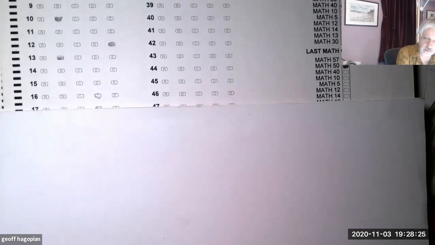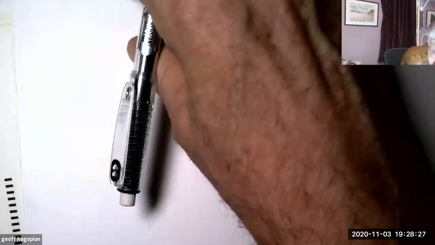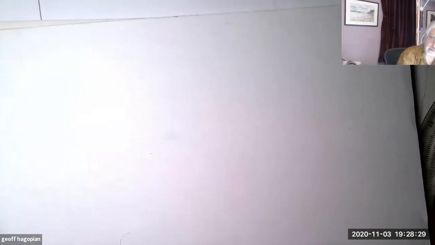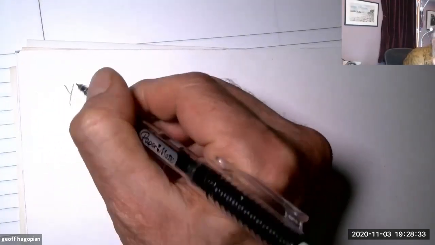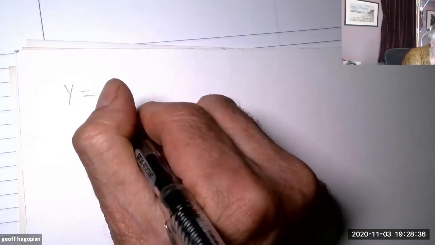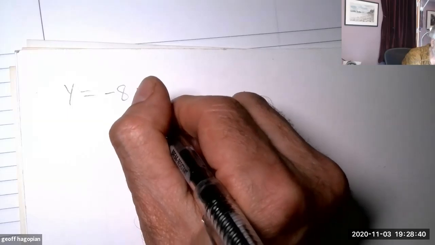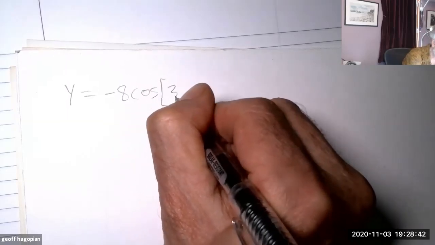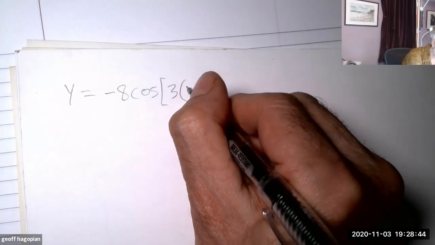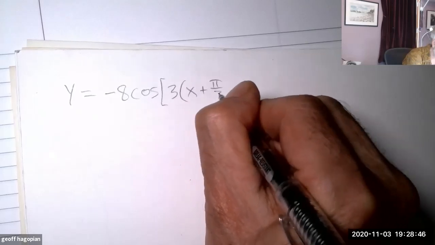Okay, so I've got then the function y, the dependent variable y, is determined by this formula, 8 times the cosine of 3 times x plus pi over 3.